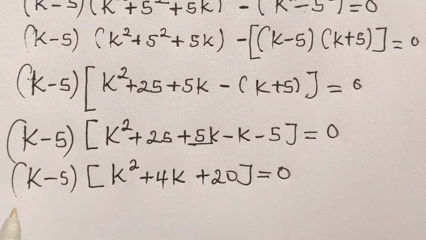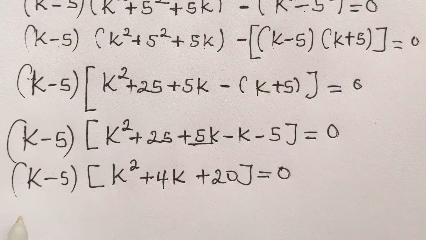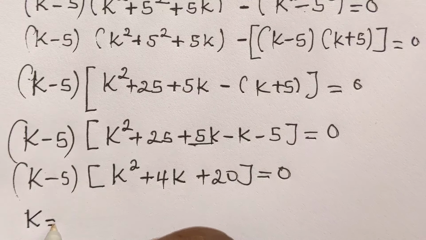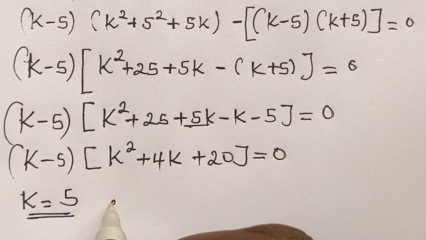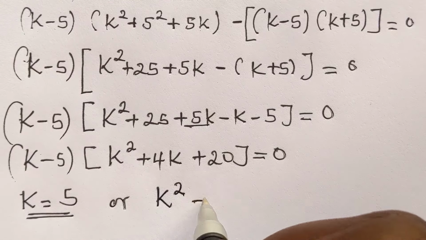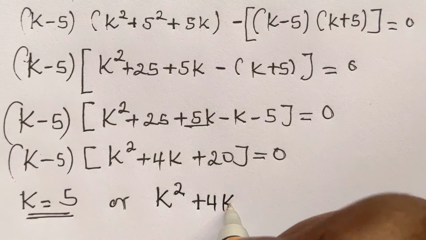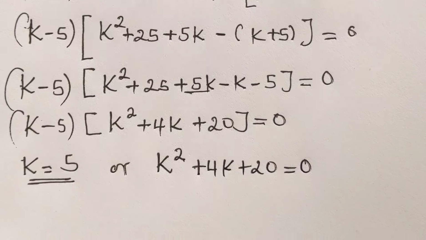At this moment we can take each factor and equate it to 0. Here we shall get k equals 5, or for this quadratic equation we have k squared plus 4k plus 20 equals 0.